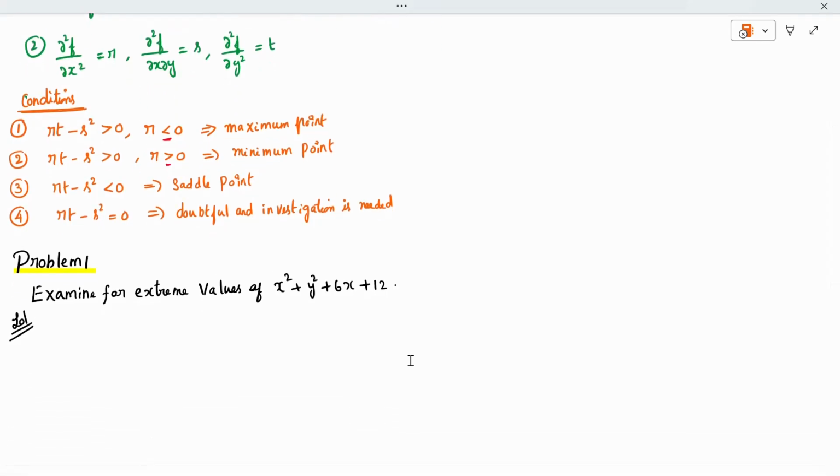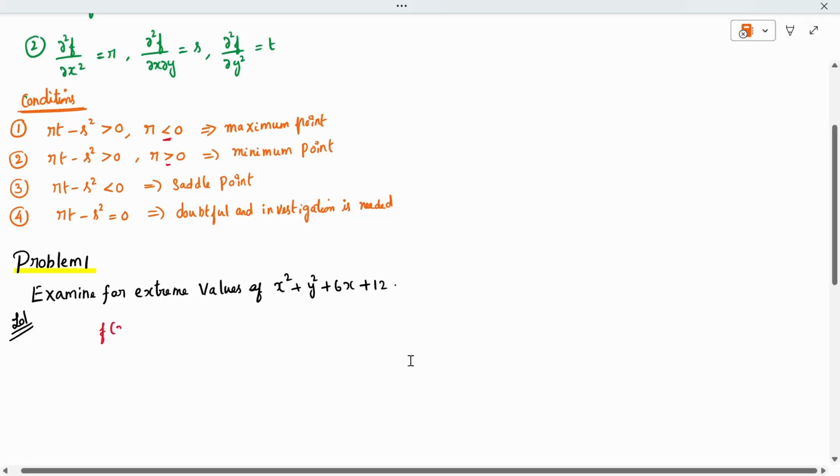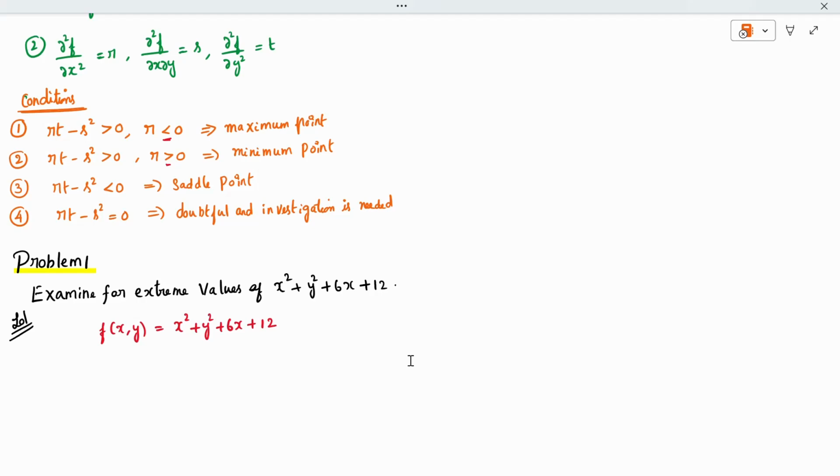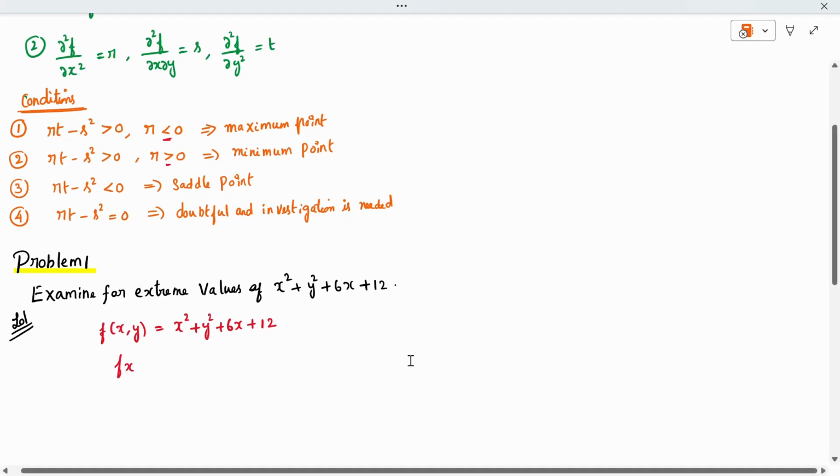First I will write the question as it is. The function of x comma y is given to be x squared plus y squared plus 6x plus 12. First we need to find fx and fy. So fx is dou f by dou x.